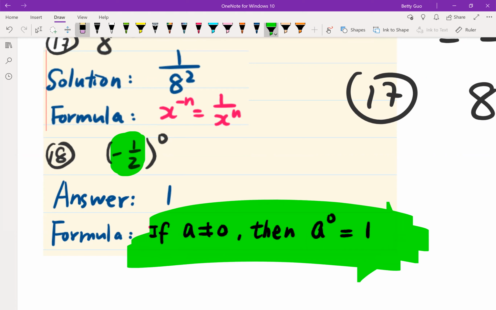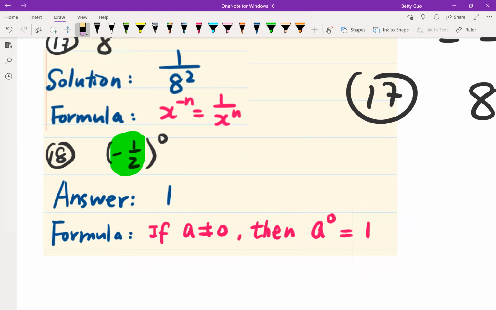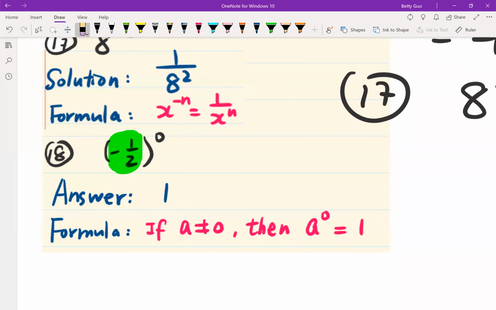You don't have to make too much effort to remember it, but you need to understand it. This means if the base is non-zero, the zero power of the base equals 1. So do you understand? Do you see the result is supposed to be 1? Yes or no? Yes. Okay, very good. Thank you for your response.